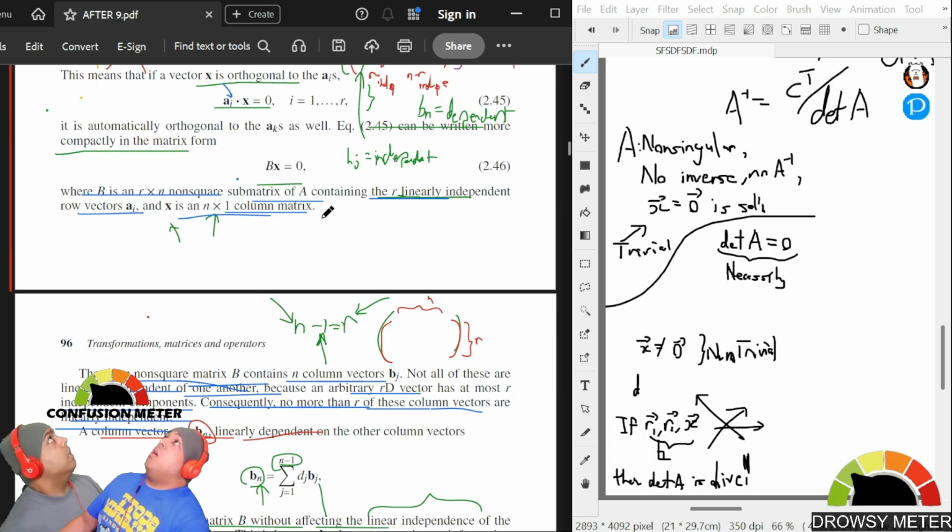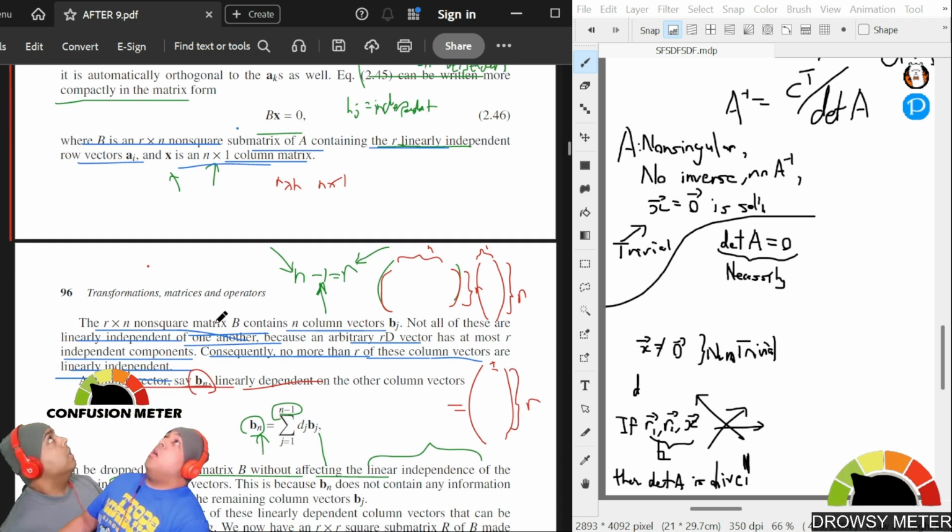X is an n times 1 column matrix. So the result should be, we have r times n, and then n times 1, so the result should be r times 1.